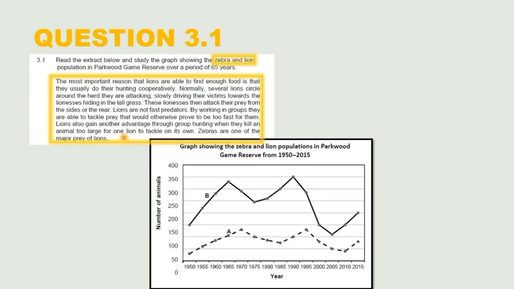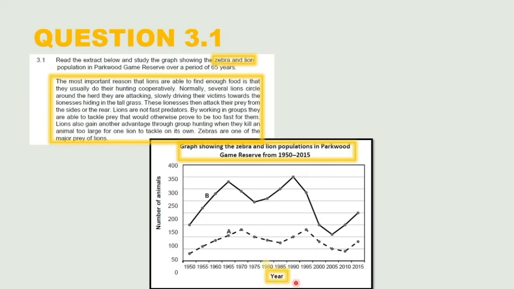Zebras are one of the major prey of lions. And then we can move over to our graph. Our graph shows the zebra and lion population in Parkwood Game Reserve from 1950 to 2015, or you can say over a period of 65 years.